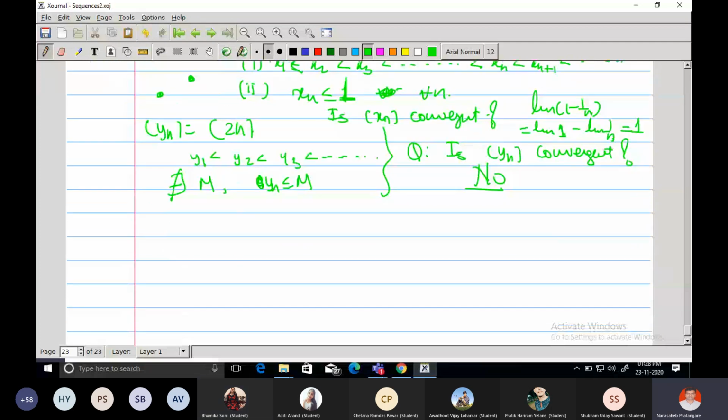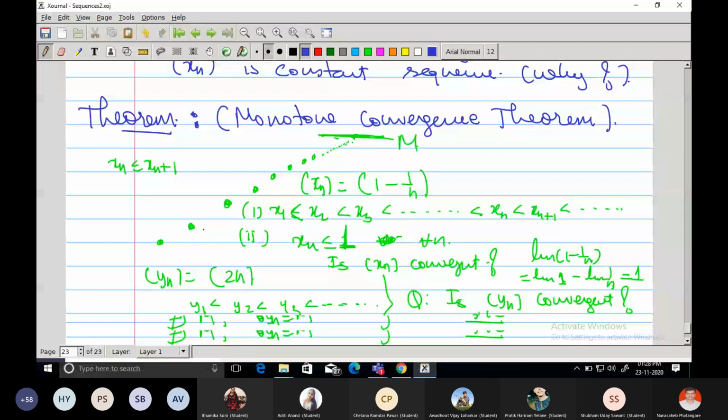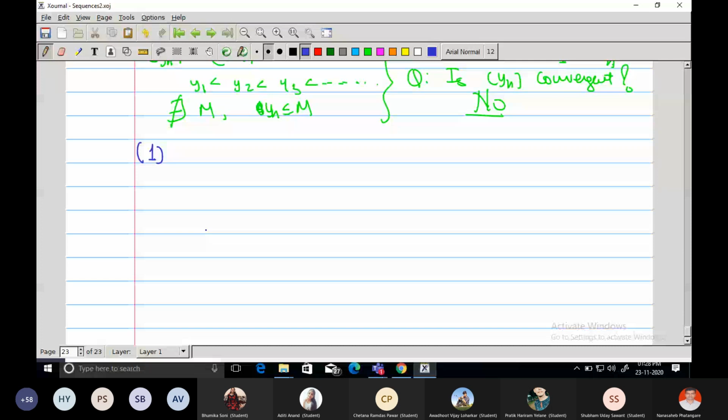Yes, sir. Now we are in a position to state the theorem, and you can tell me what should be the statement of the theorem. What should be the statement of the theorem from this observation, these two examples?